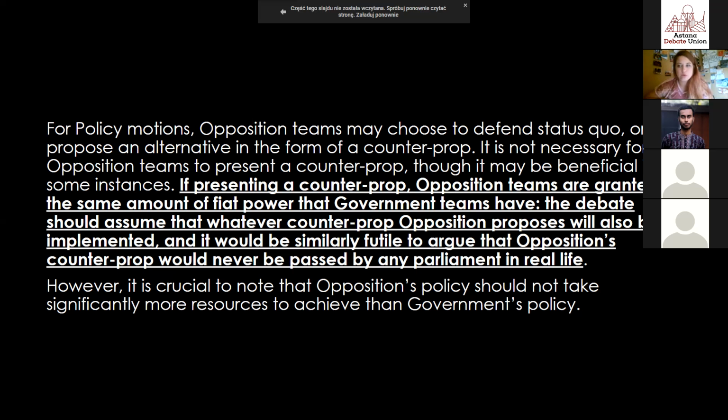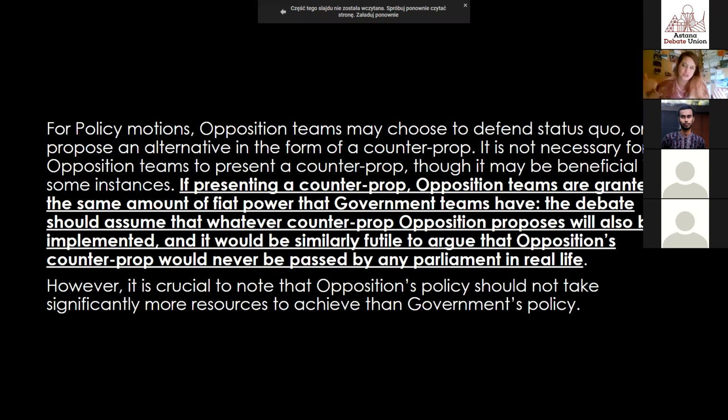And here is the important thing, because a lot of teams are taking counterprop as a new funny trend, but not necessarily following what kind of responsibilities they're taking on. So if presenting a counterprop, opposition teams are granted the same amount of fiat power that government teams have. The debate should assume that whatever counterprop opposition proposes will also be implemented, and it would be similarly futile to argue that opposition's counterprop would never be passed by any parliament in real life.